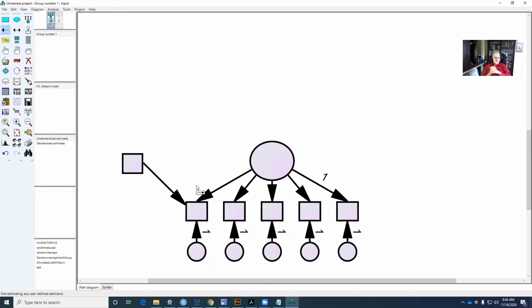That's another source of indicator variables that we can use to draw a better diagram.